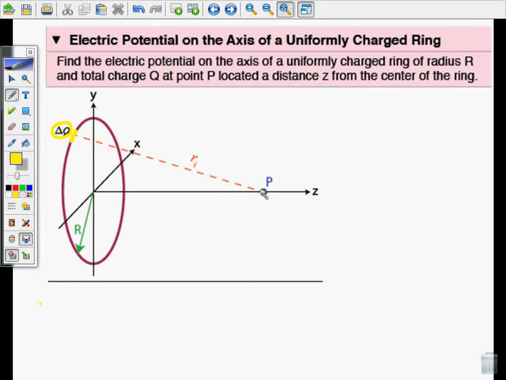If we were going to find the electric potential due to just that little piece of charge, delta Q, notice I don't have to put any vector arrow anymore because it's not a vector. We know that the electric potential due to that little piece would be equal to what?